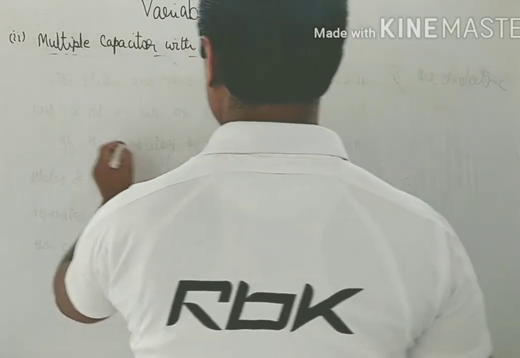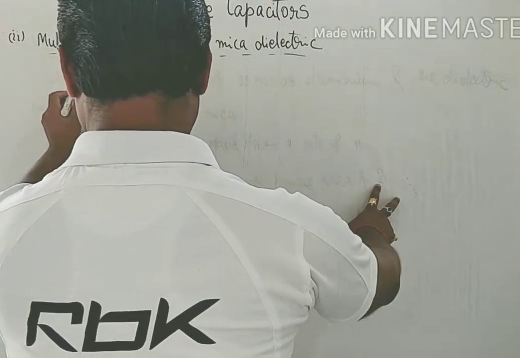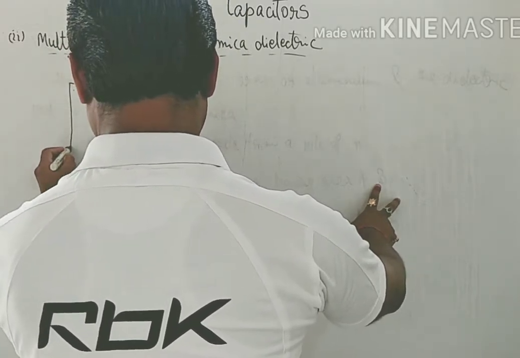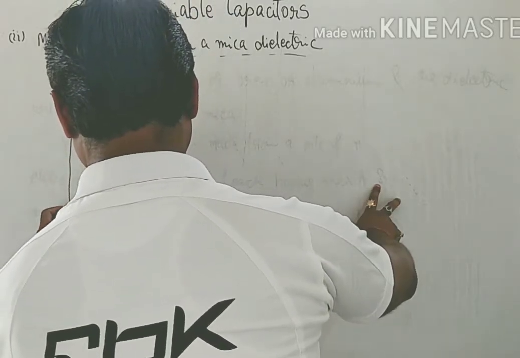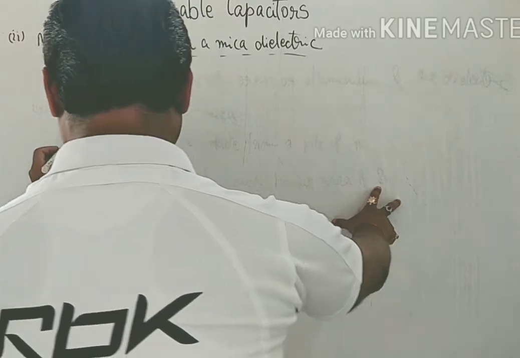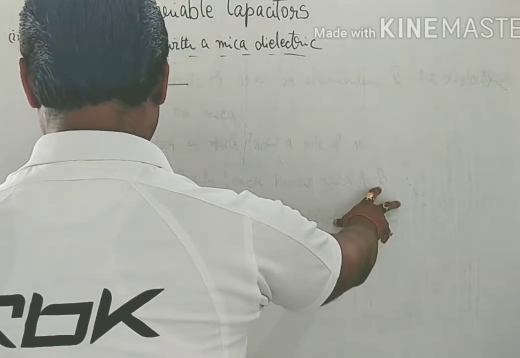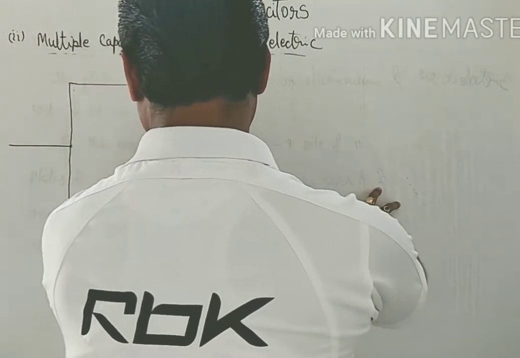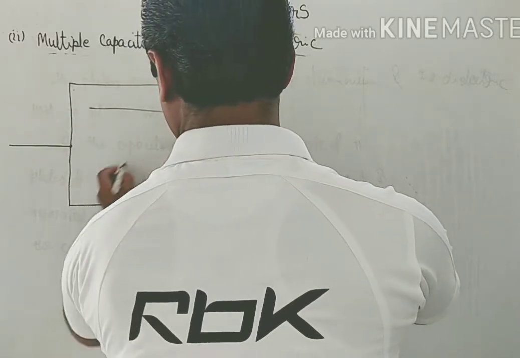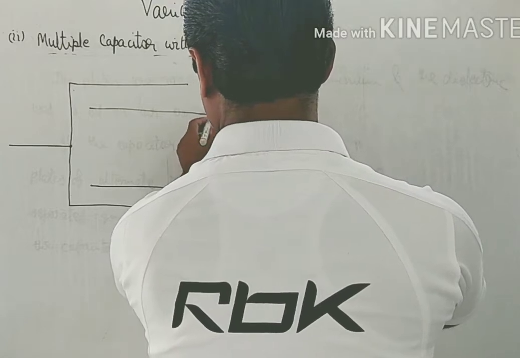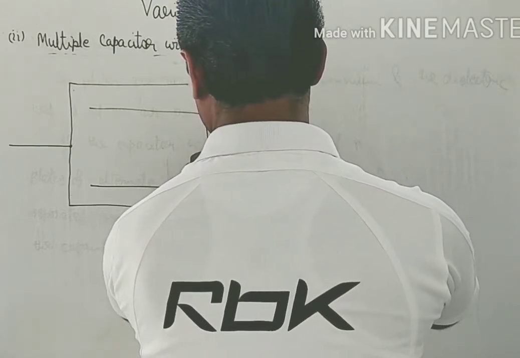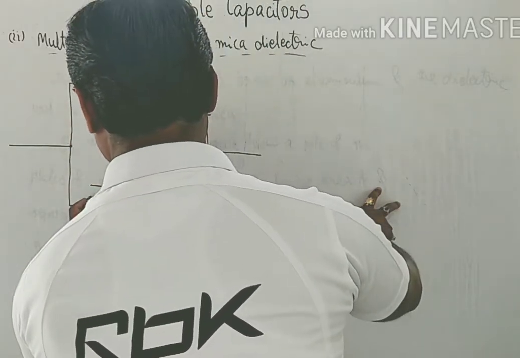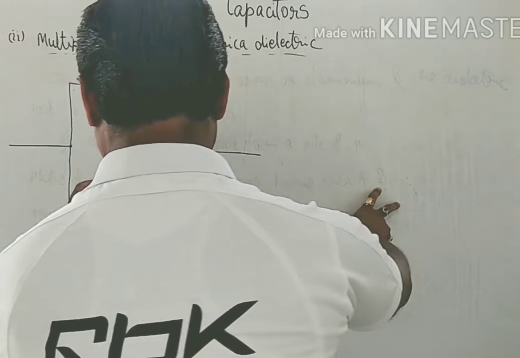In such a capacitor, the plates are made of, say, tin foil, and these are arranged in such a manner that alternate plates are formed like this, and here we have the dielectric material.